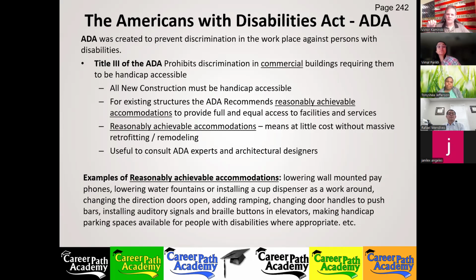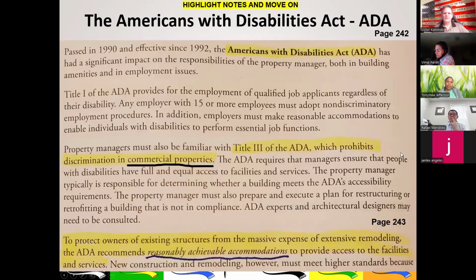That means without massive expense or massive retrofitting and remodeling and construction. So they recommend reasonably achievable accommodations, meaning at little cost without massive retrofitting. So let's highlight those things on page 242 and 243.